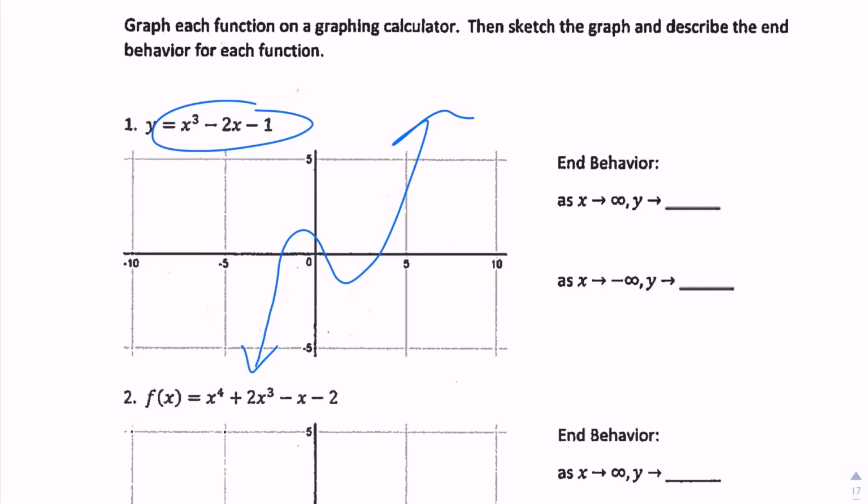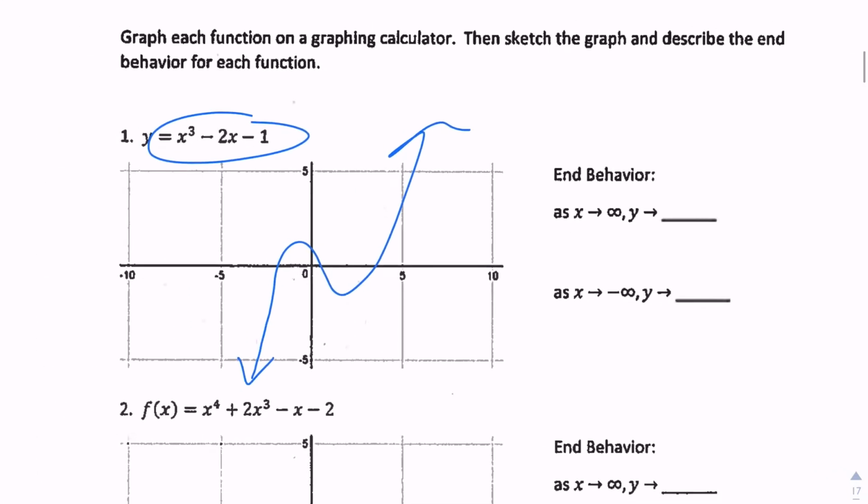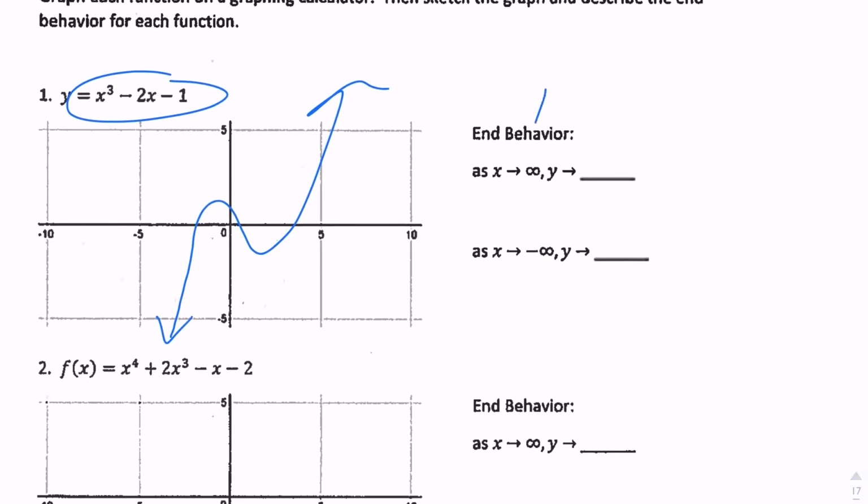All right, so this notation right here says on the right. It's another way of writing on the right. Technically, it reads as x approaches infinity, but that's really saying on the right.